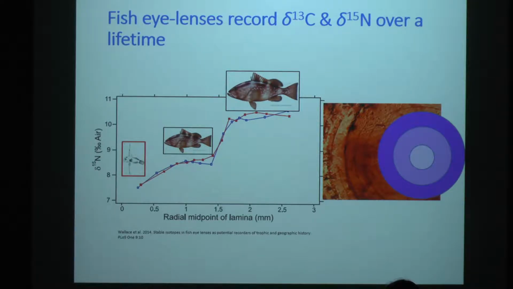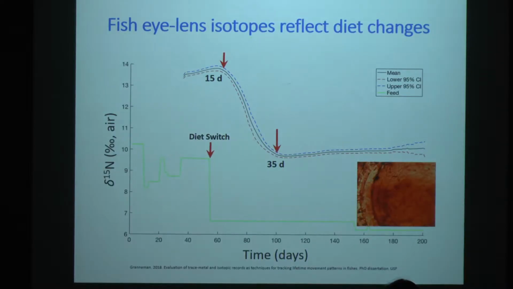The outer part is from the most recent time in life. We also know from Jen Graneman's work about the time scale at which this material is laid down. From a captive study, she determined that about 30 days, about a month after a diet switch, the new isotopic signature was 100% incorporated into that eye lens.